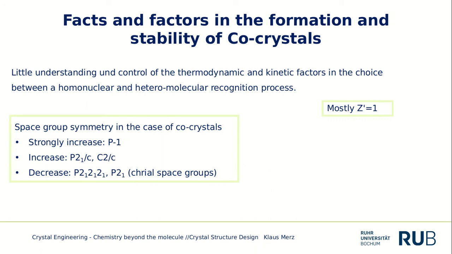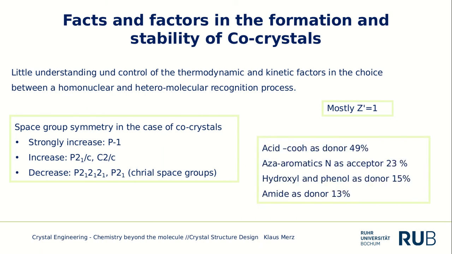In the case of co-crystals, very often you have Z prime as 1, so if you're talking about a binary co-crystal, both molecules are in the asymmetric unit. And if you look at the functional groups, very often we see the acid as a donor, in around half of co-crystals.